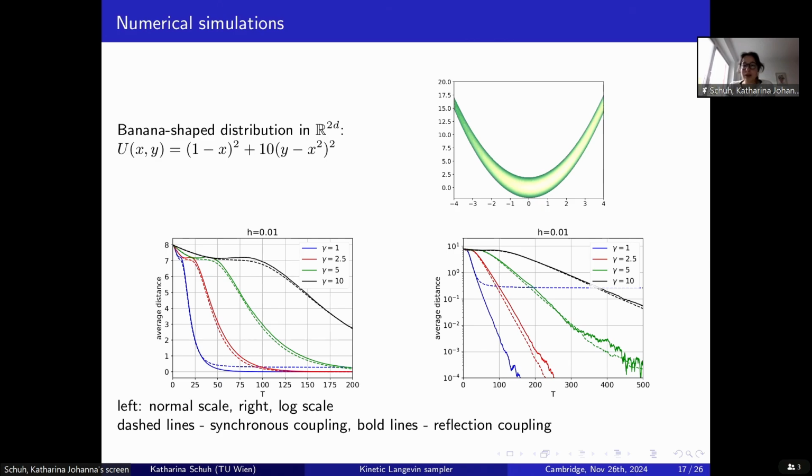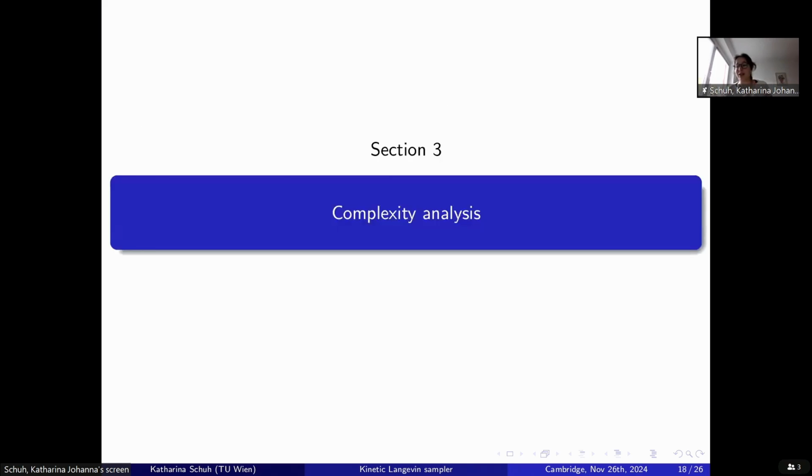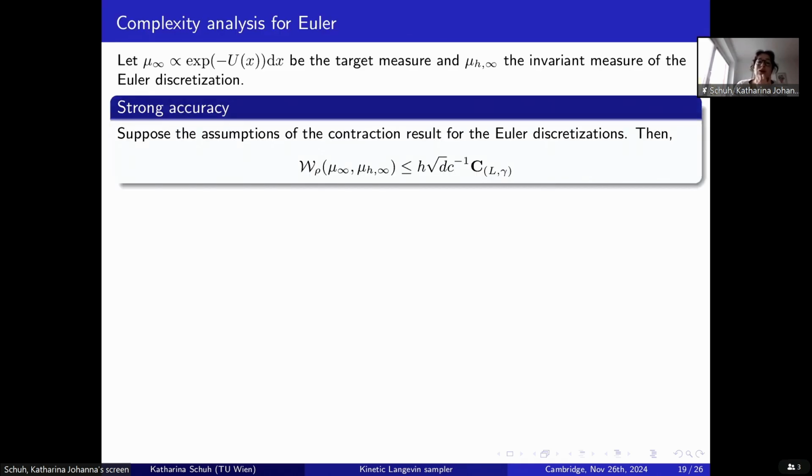Okay, so now we have seen that we have some contraction results, that we have some convergence to some probability measure, but this might not be our true target measure we want to sample from. So actually, I denoted here by mu infinity the target measure we want to sample from, but it might be that the invariant measure of the discretization scheme, mu h infinity, is not exactly mu infinity.